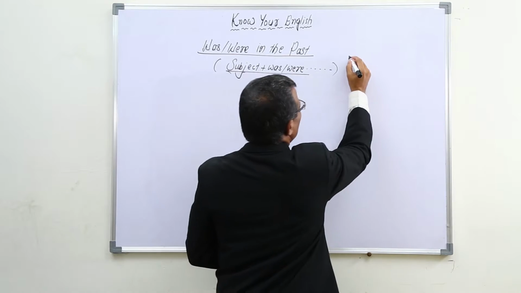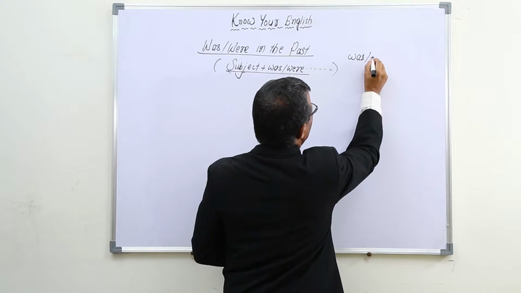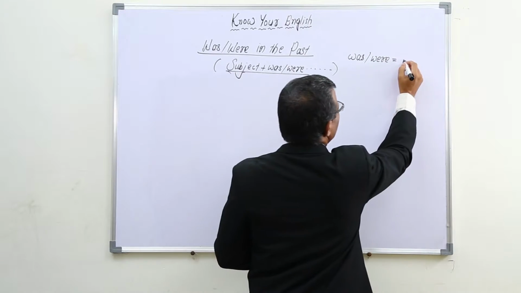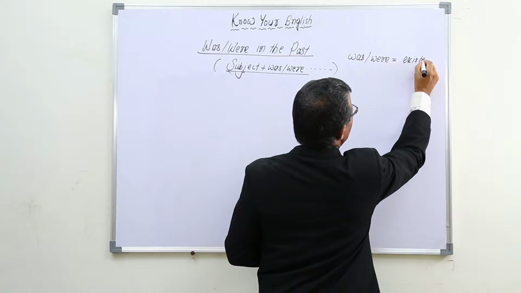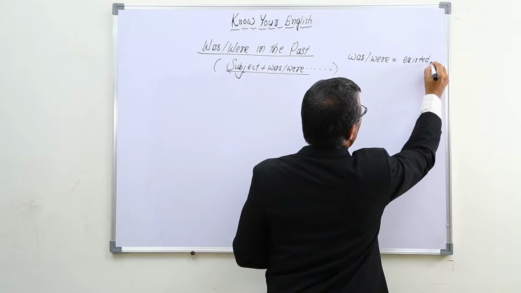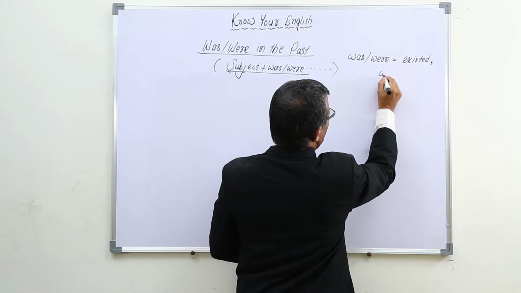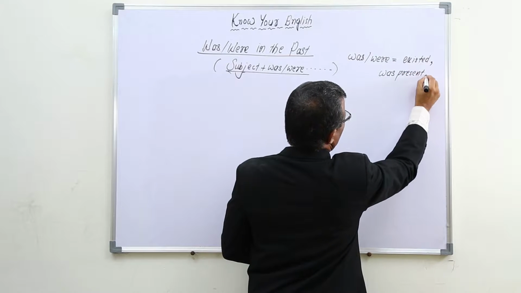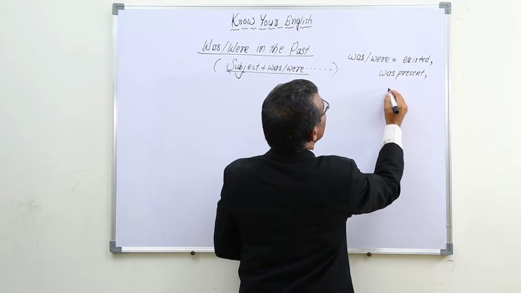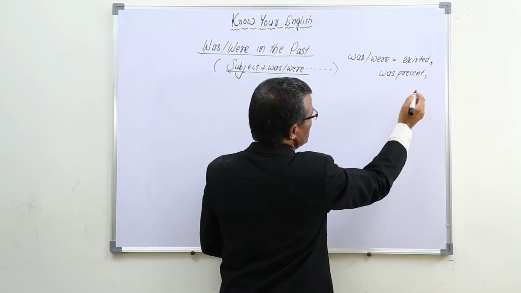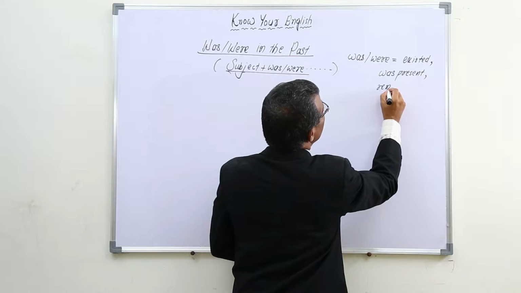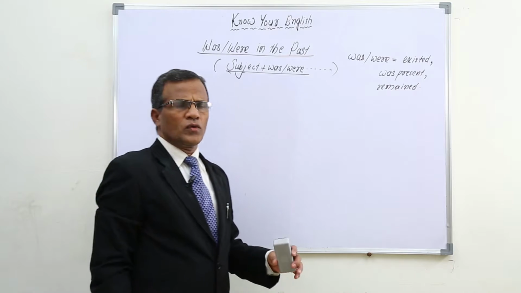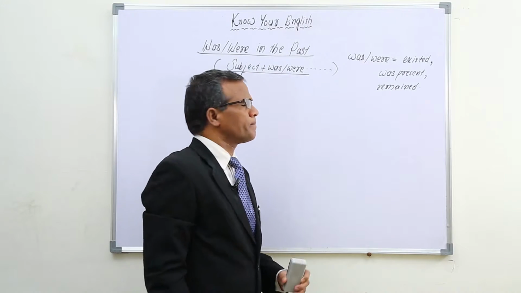And was or were give the meaning of existed, was present, or remained. So in such a sense we use the was or were structure.